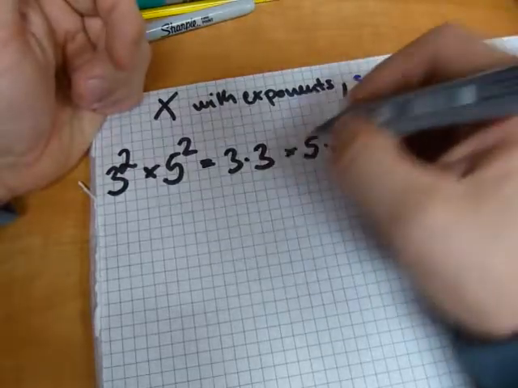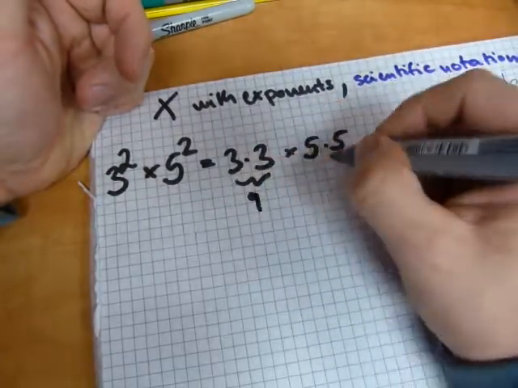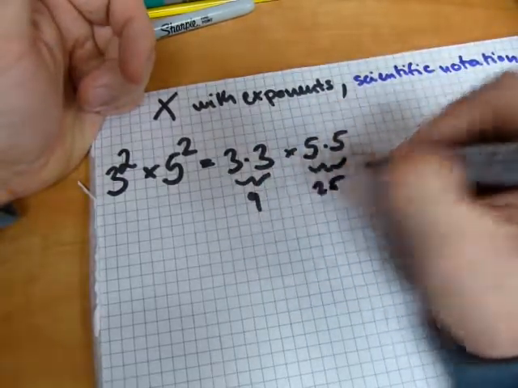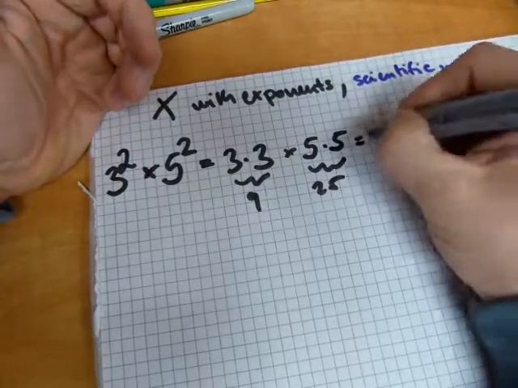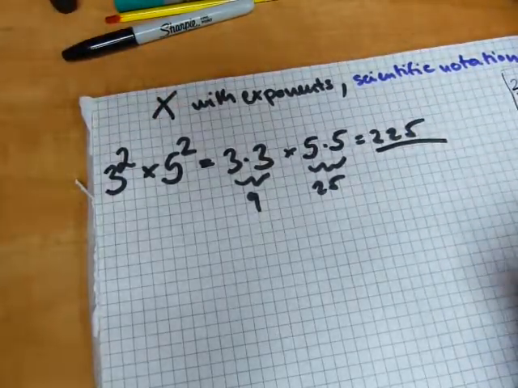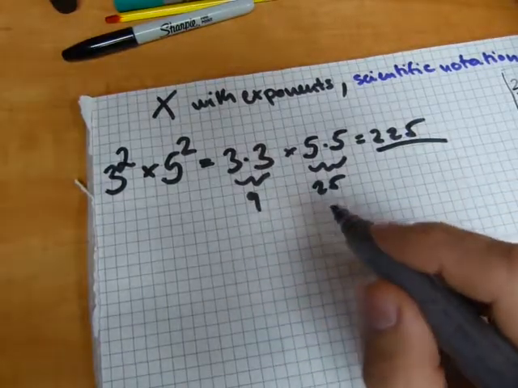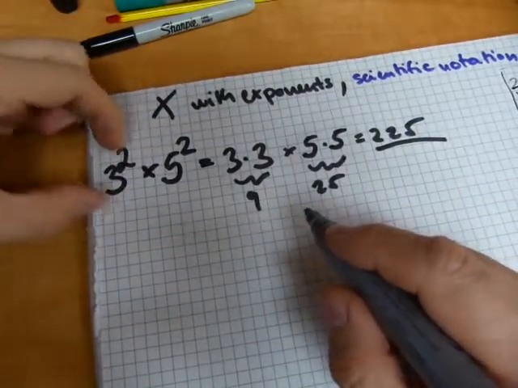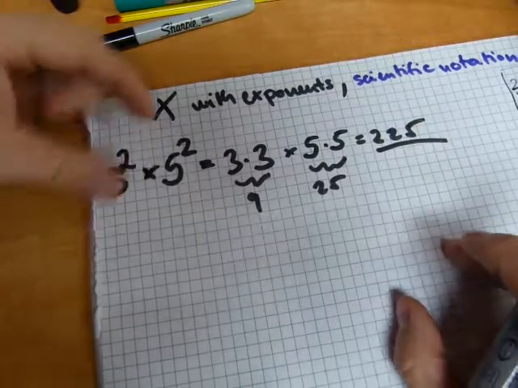Any which order it's gonna be. That's a 9 there. 5 by 5 is 25. 9 times 25, that's 225. End of story.